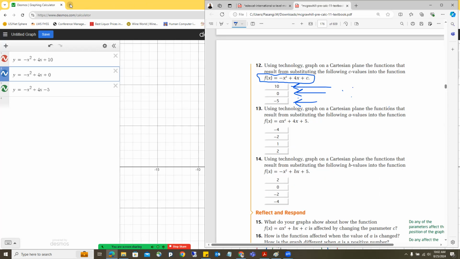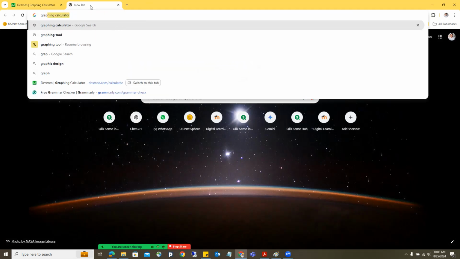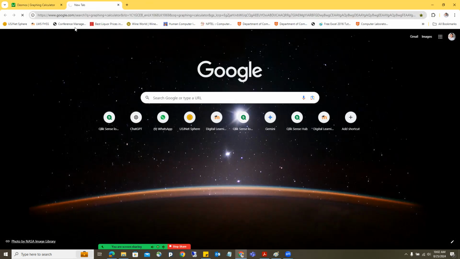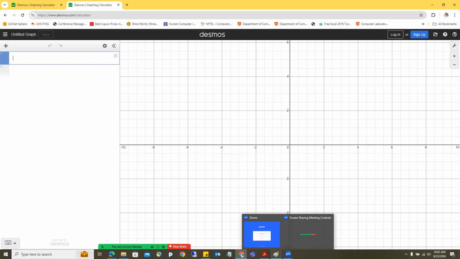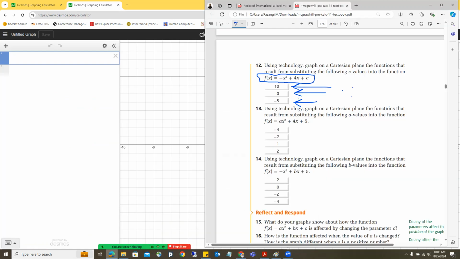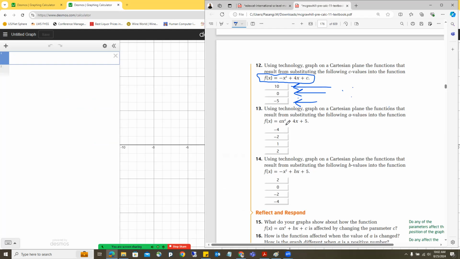The next would be, if I take another new graphing calculator, now we are going to change the a value. The same equation, but we are changing the a value. Let's see.